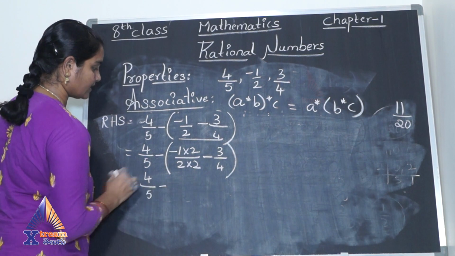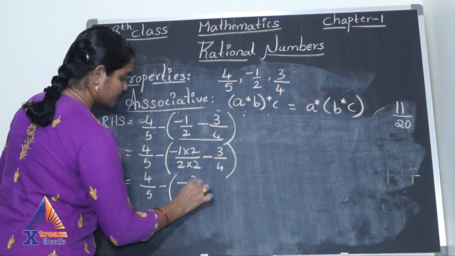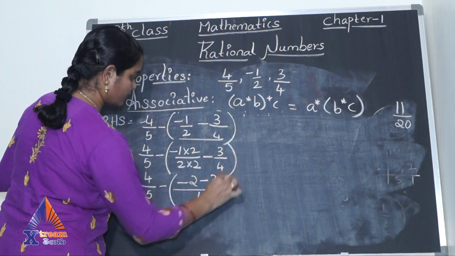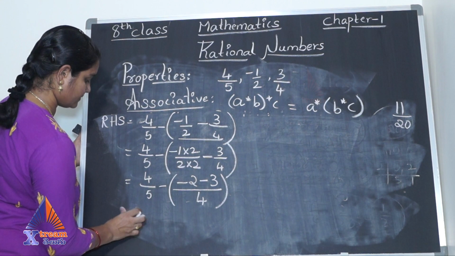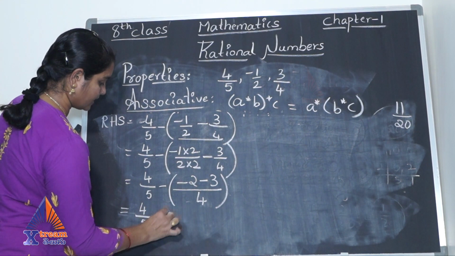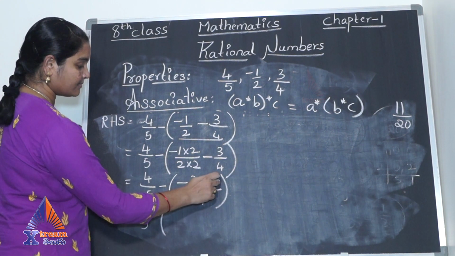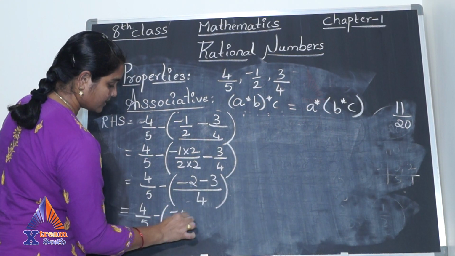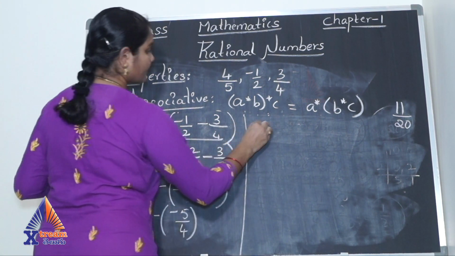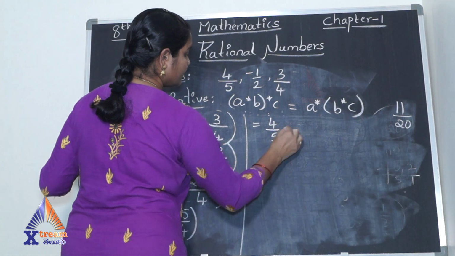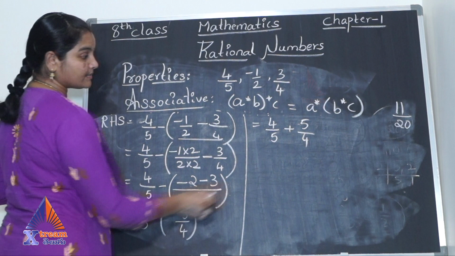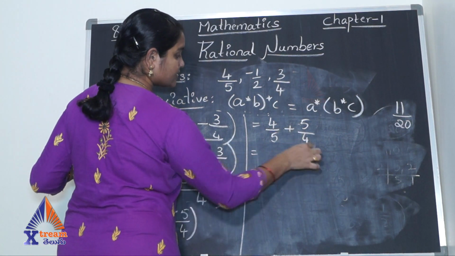4 by 5 minus 2 minus 3 by 4. 4 by 5 minus, we have minus 3 minus 2, minus 5, so minus 5 by 4. 4 by 5 plus 5 by 4. Now minus of minus becomes plus over here. So LCM is 20.